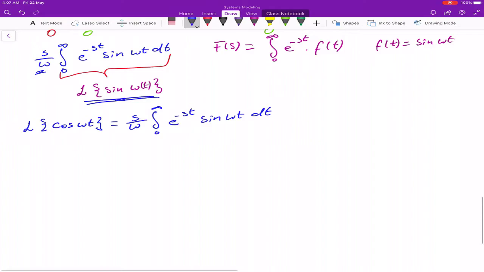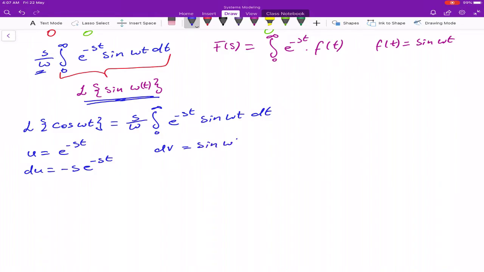Integrating by parts, we let u is equal to e to the minus st. So du is equal to minus s e to the minus st, and dv is equal to sine omega t dt. Integrating that will give us v is equal to minus 1 over omega cosine omega t.